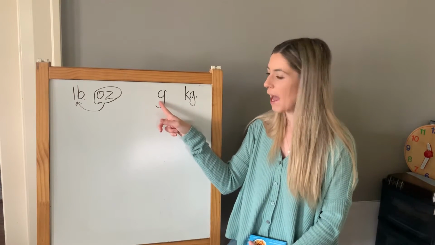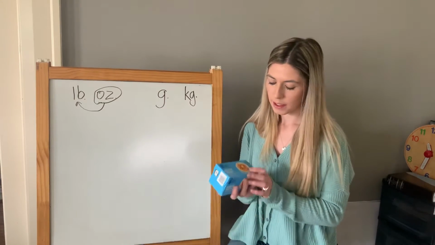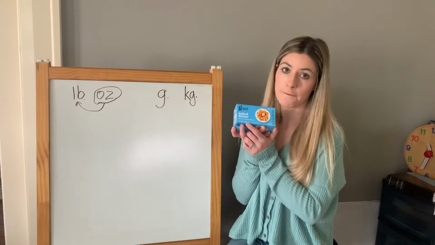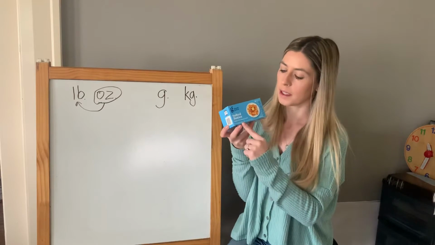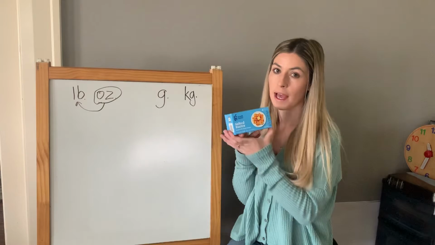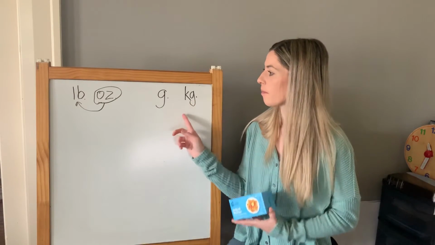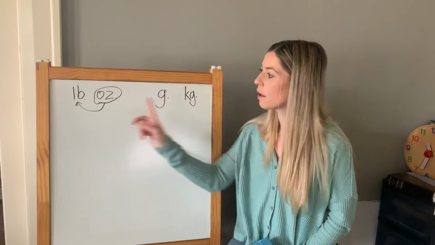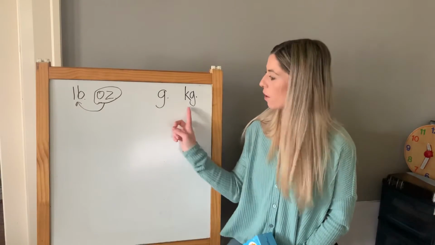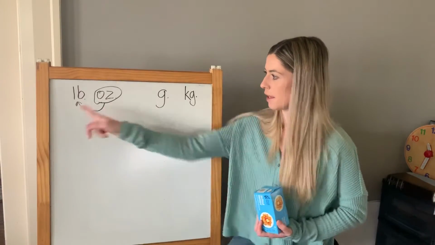It's 1,000 grams fit into a kilogram. So this is 453 grams, and that's not even half of 1,000. So 1 pound is not even half of a kilogram. So a kilogram is more than twice as much as a pound, more than 2 pounds. It's pretty heavy compared to that one.